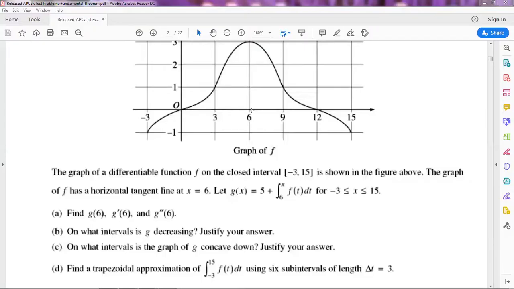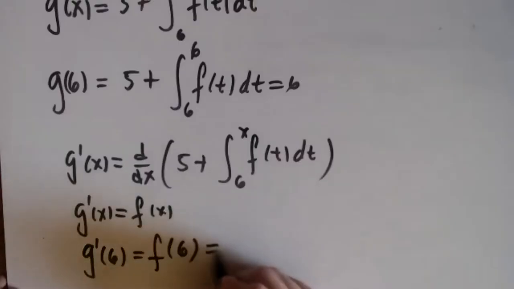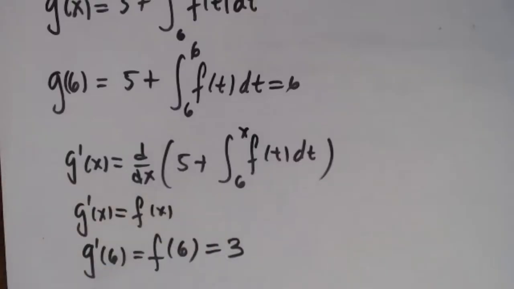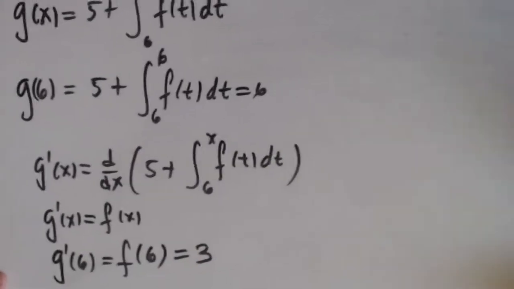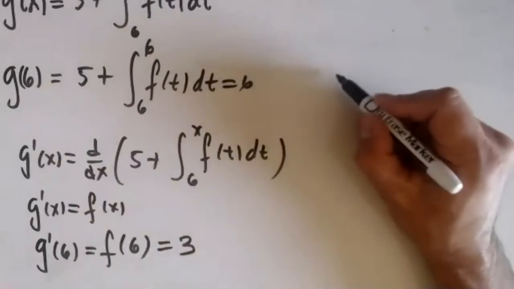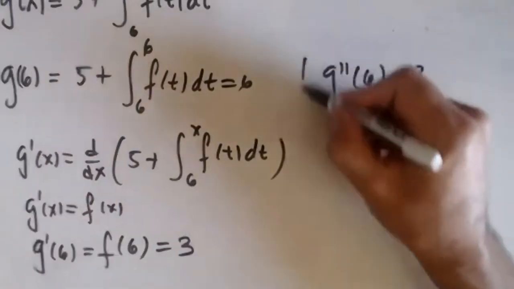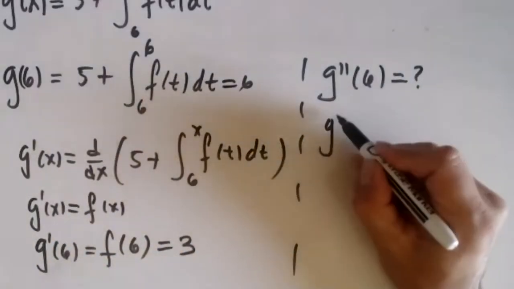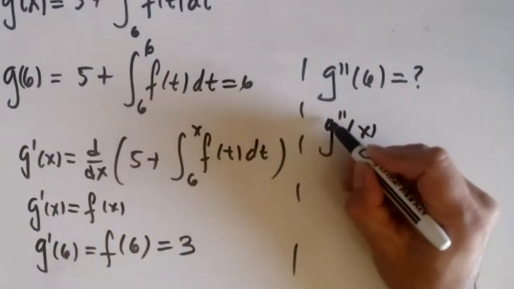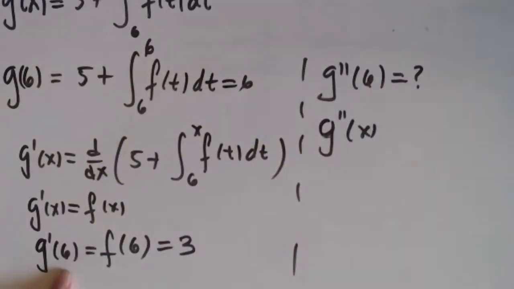What is the value of f at 6? 3. So this is 3, correct? Okay, the next question they want is g double prime at 6. g double prime of x is the derivative of this one.